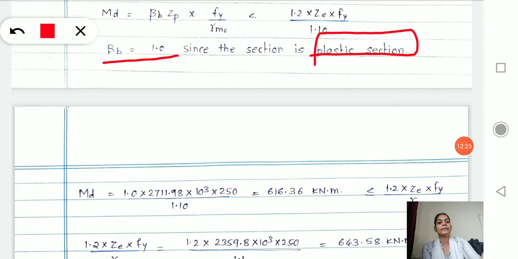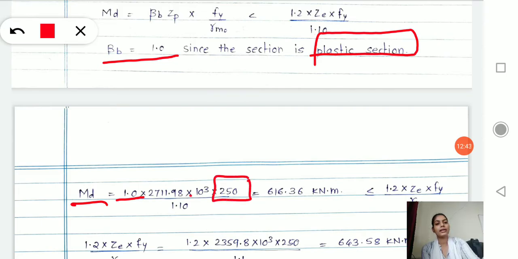Now MD will be equal to 1.0 into 2711.98 into 10 to the power 3 into 250 divided by 1.10. Everything is known to you.